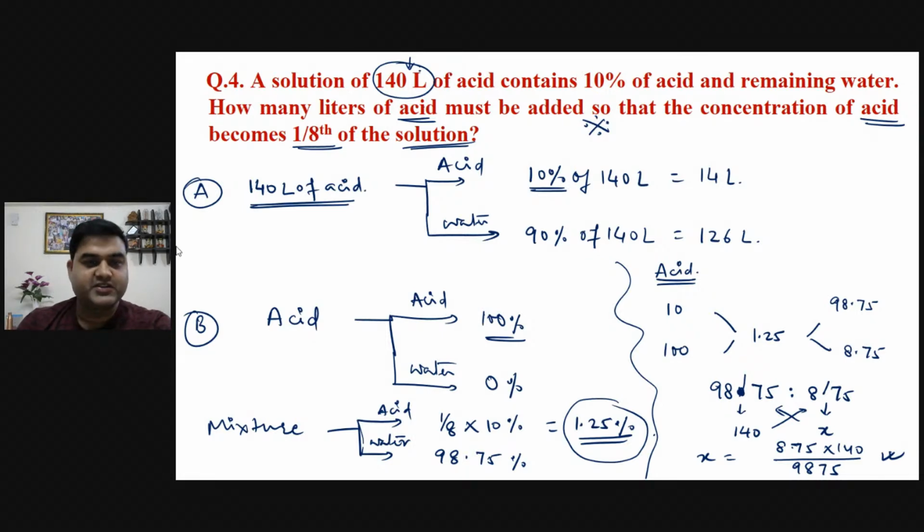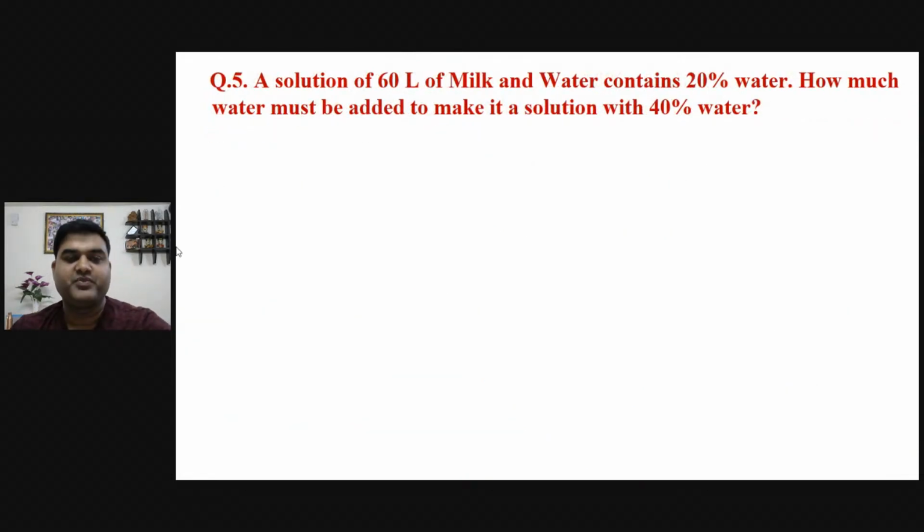Okay, let's see the next sum. Question number 5. A solution of 60 liters of milk and water contains 20% of water. So solution 1. What does it contain?